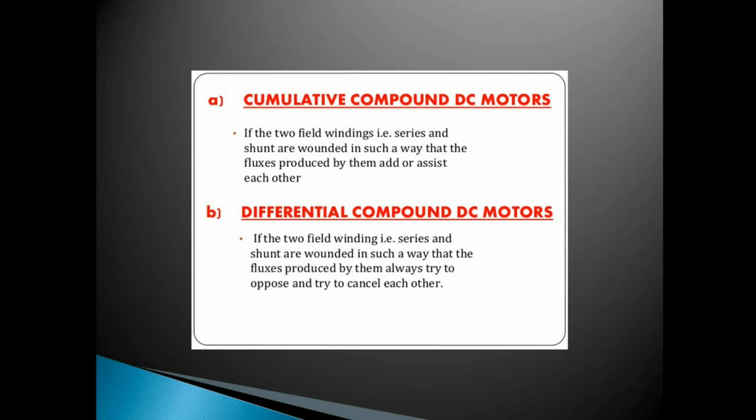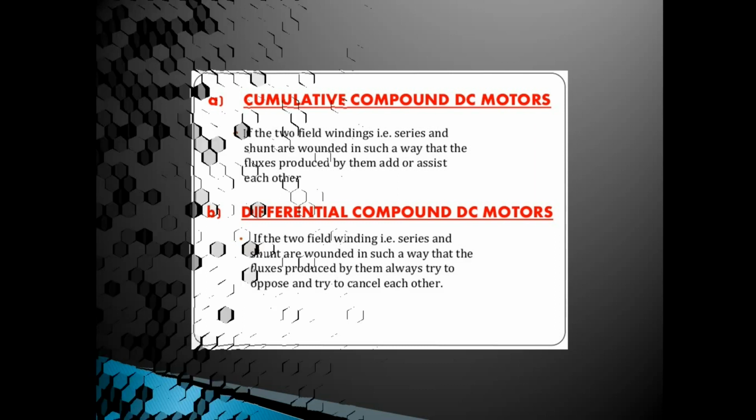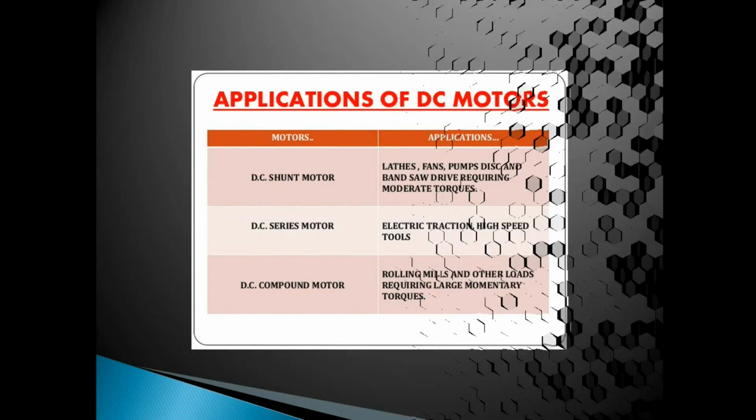B. Differential compound DC motors. If the two field windings, that is series and shunt, are wound in such a way that the fluxes produced by them always try to oppose and cancel each other.